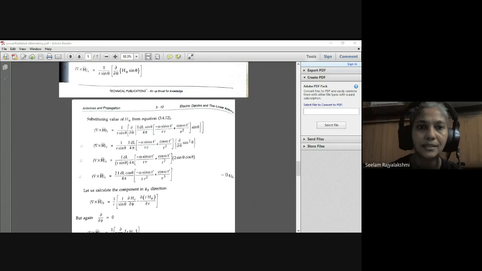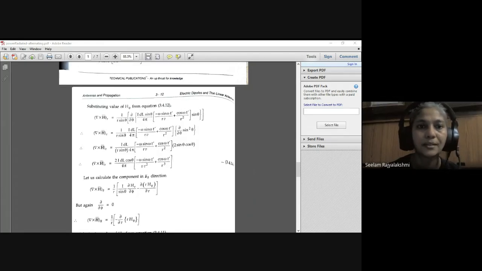Let us take I dl by 4 pi common, and rewriting this, we have minus omega sin omega t dash by r nu plus cos omega t dash by r square, and dou by dou theta of sin square theta.